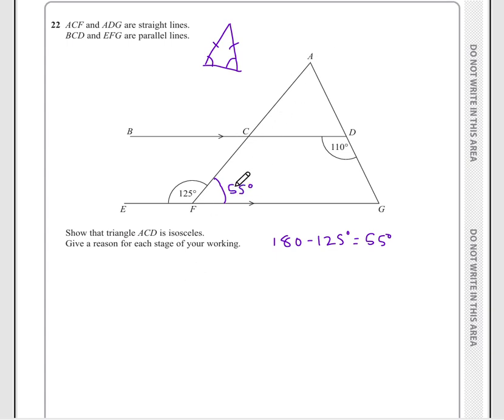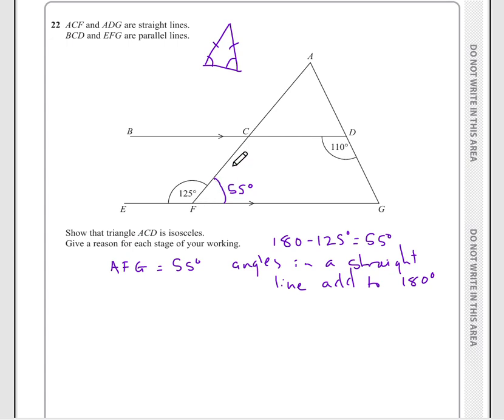The way we describe the angle is we draw it out. So we're going to call it AFG, which equals 55 degrees, and the reason is angles in a straight line add to 180 degrees.